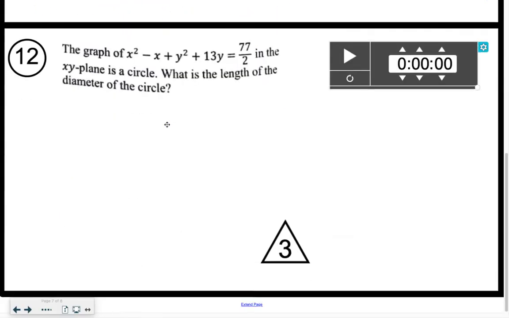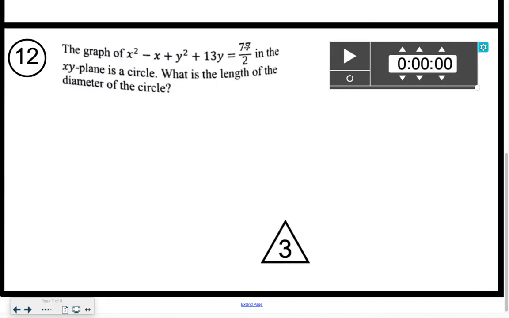Okay, let's move on to the last problem of the night. This is another one that I am going to use Desmos. Now, the reason I'm using Desmos here is because if I want the diameter, it means I need the radius. So then I need to know the values that I'm adding to each side to complete the square to get what's over here, and that represents r squared.